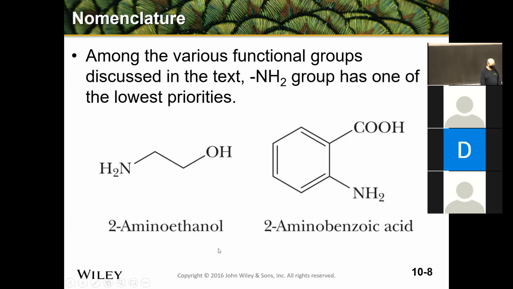Okay, here the alcohol takes priority. So this is ethanol, it's 2-aminoethanol. And here the carboxylic acid group takes priority. The carboxylic acid group is way up at the top as far as functional group naming priorities.